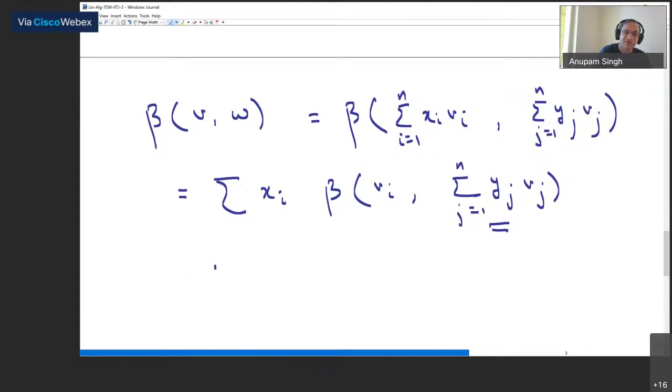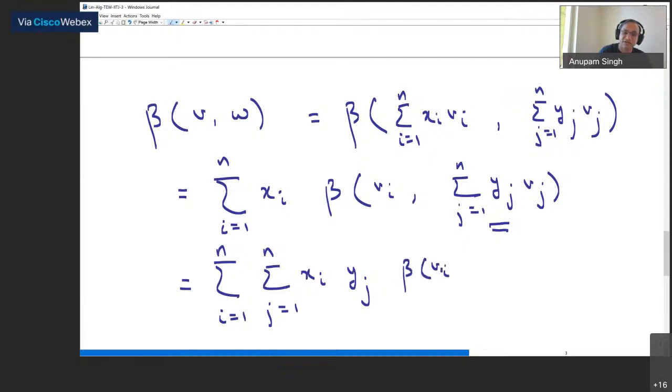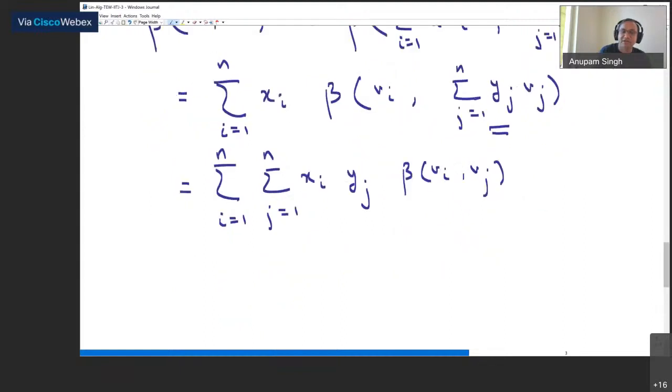So I can further write this as a double sum. I will take the other sum also out, so I'll get the sum over j equal to 1 to n. Then I have xi, yj will come out from here, and what is left inside is beta of vi, vj. And remember, this is what I wrote as an entry of that matrix. So this is what I defined to be aij, right?